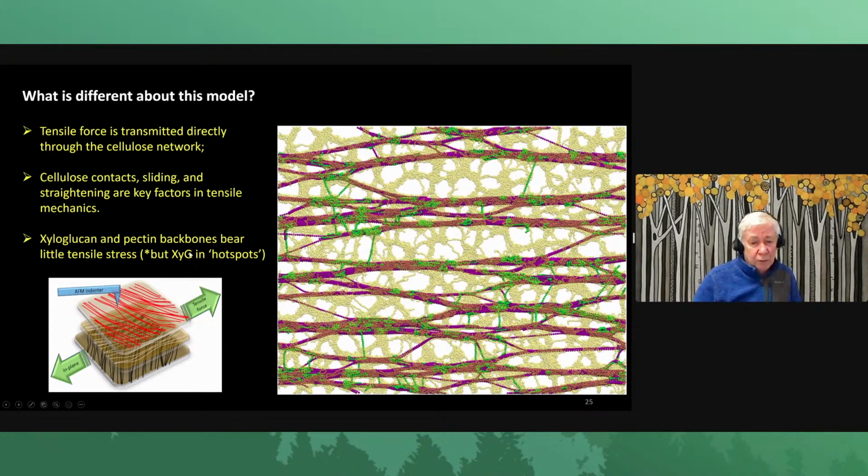I'll just add the one caveat that there is empirical evidence of xyloglucan being important for the mechanics in certain domains where there's a mixture and tight binding between xyloglucan and cellulose. So there may be different kinds of junctions in the cell wall, some mediated by xyloglucan, some not.